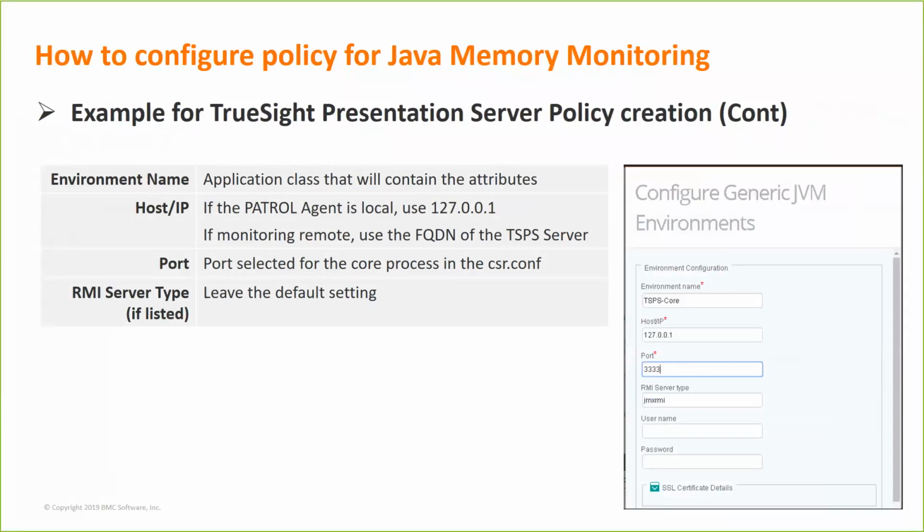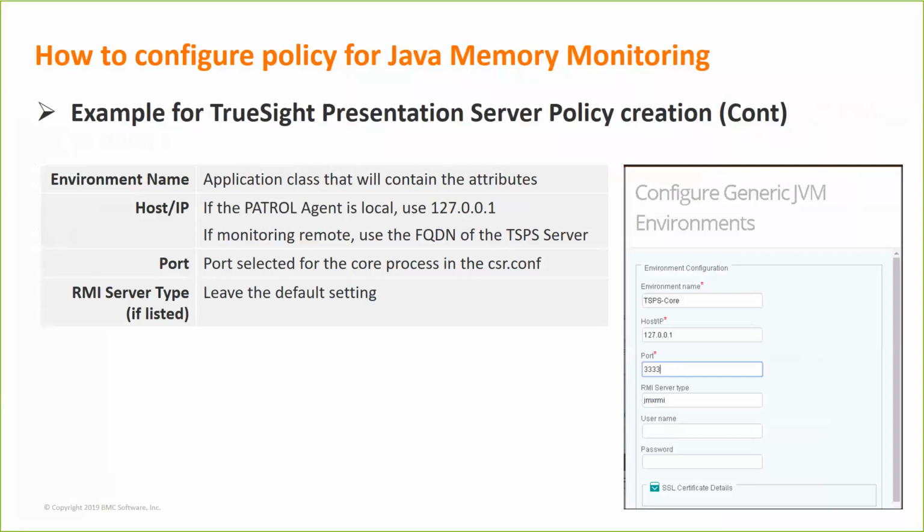I indicate 127.0.0.1. That's because, as long as I'm running this locally on all the agents that are going to be part of the TSPS, the TSIMs, and so on, if I put the loopback, I don't have to have a specific entry for every single host name. You can put a host name here if you're going to be doing this remote.